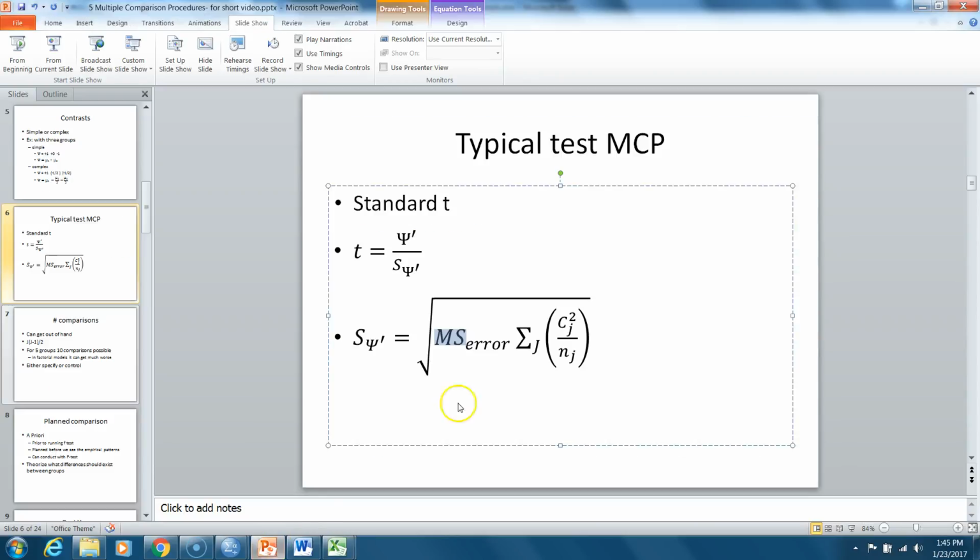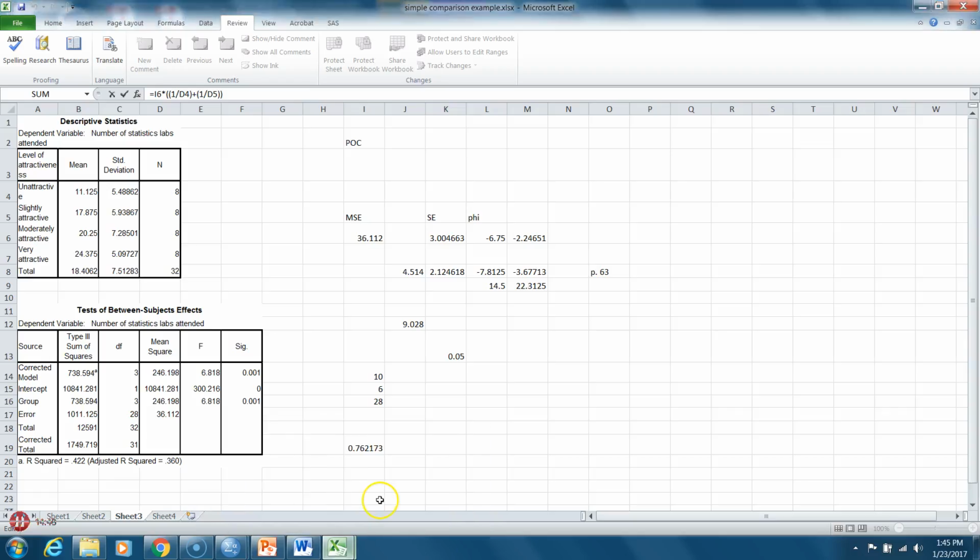We're basically taking the sum of those 2 values, the contrast we're interested in squared, 1 squared is still 1, divided by n, which is 8. We do that for both groups, and we multiply that by our mean squared error, and we're going to take the standard deviation of that. So when I do that for just the error for the denominator, we end up with a variance of approximately 9. We then take the square root of that, and we get a value of 3.